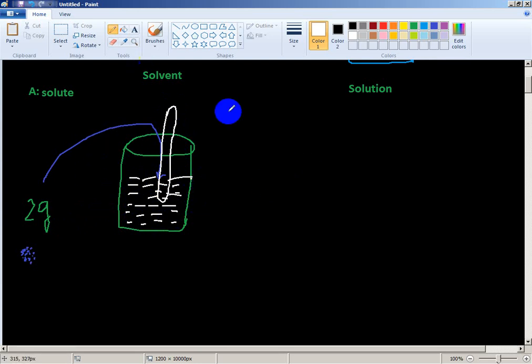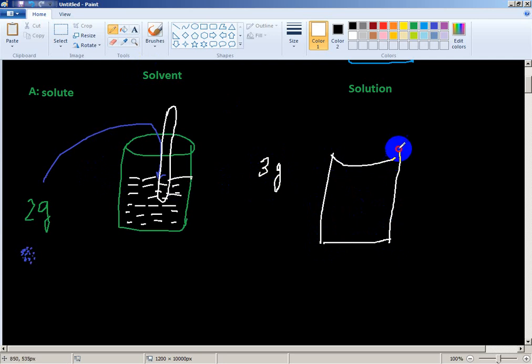Then I add 3 gram. I add the solute again in the solvent and stir. After stirring, with 3 gram of salt added, again I found a clear solution.